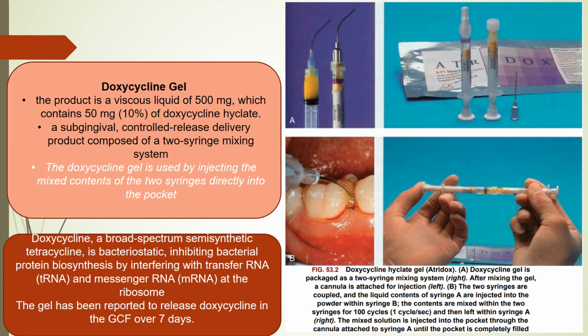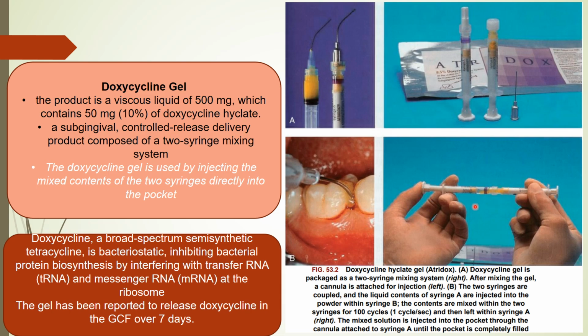Coming to doxycycline gel, this product is a viscous liquid of 500 mg which contains 50 mg of doxycycline hyclate. It is a subgingival controlled release delivery product composed of a two syringe mixing system. It can be mixed outside, and then injected by delivering the mixed contents of the two syringes directly into the periodontal pocket, as you can see in this picture.